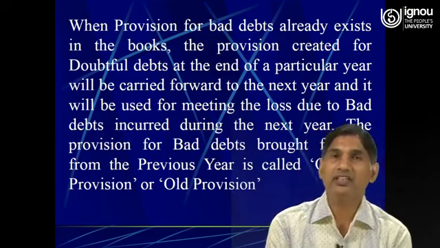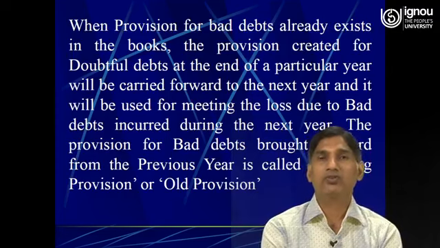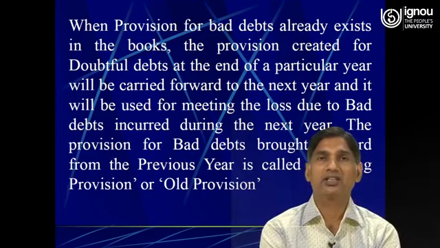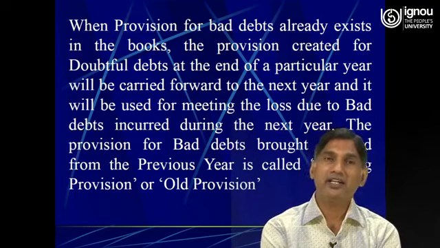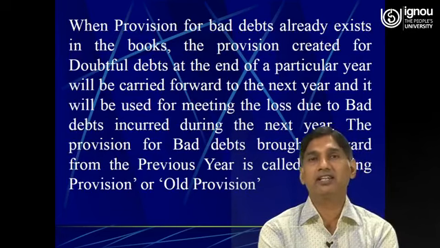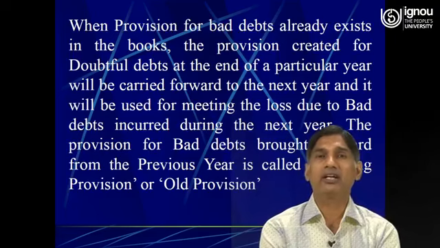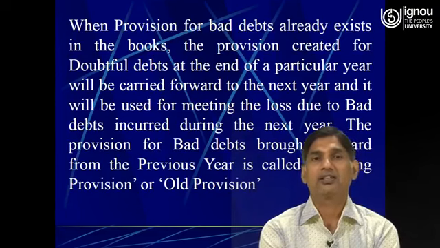So if any balance of provision for bad and doubtful debts is given in the question, this balance will be carried forward to the next year, and if any bad debts take place during the current year, that amount of bad debts will first be charged to the provision for bad and doubtful debts.